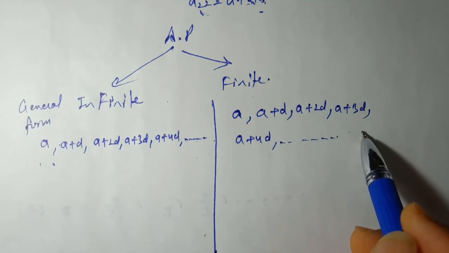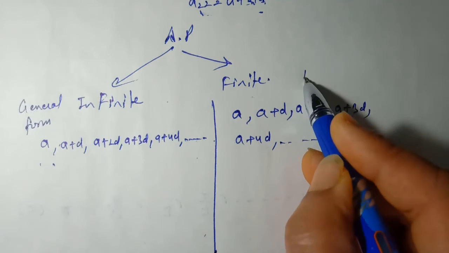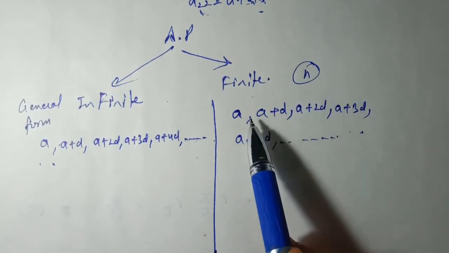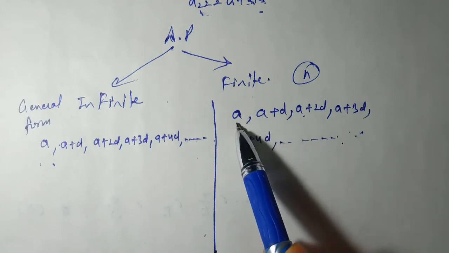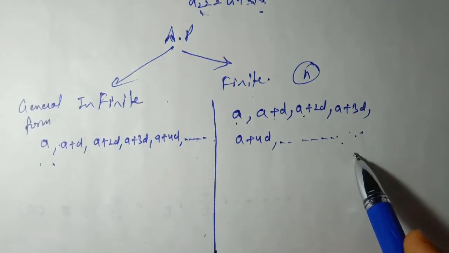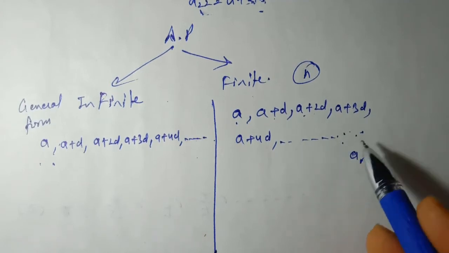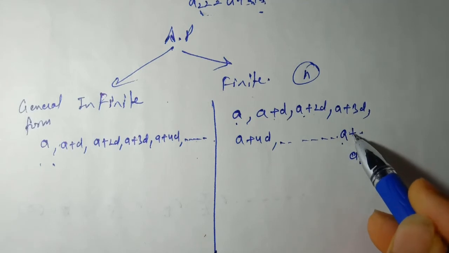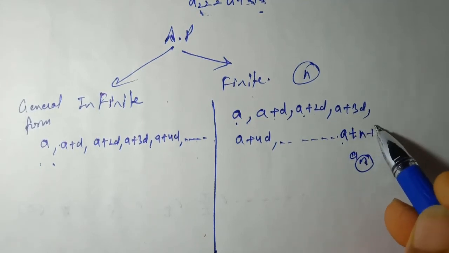So let us first decide, suppose the number of terms is n. The number of terms in finite AP is n, and n means the last term. This is the first term a1, a2, a3, a4, a5, and at the last we have the term an. So if we have to write its condition, it will be a plus, we have to subtract 1 from n, n minus 1 into d.